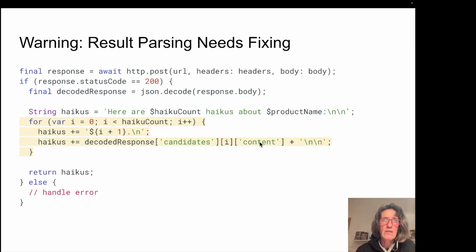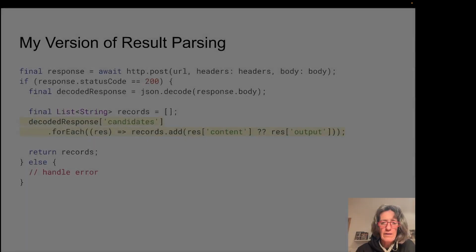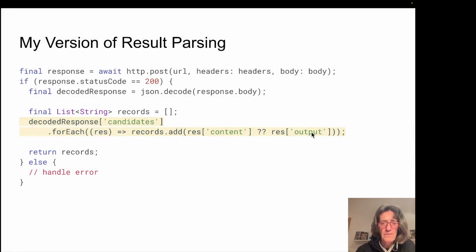It turns out that different models label their results differently. Some call them content and others call them output. So I changed this loop into a functional loop, and then checked for content or output, just so that it would work with different models. That's the only change I really had to do to the haiku model.